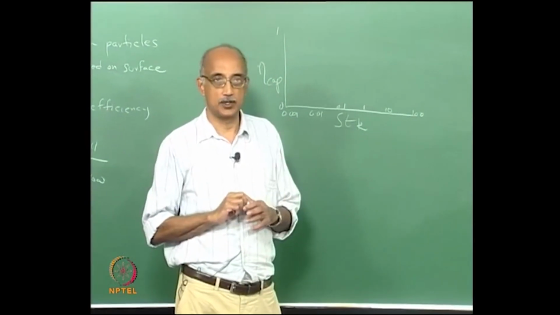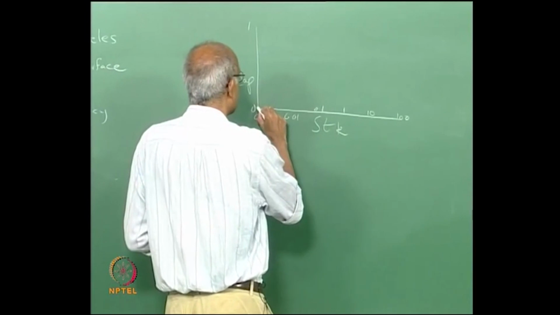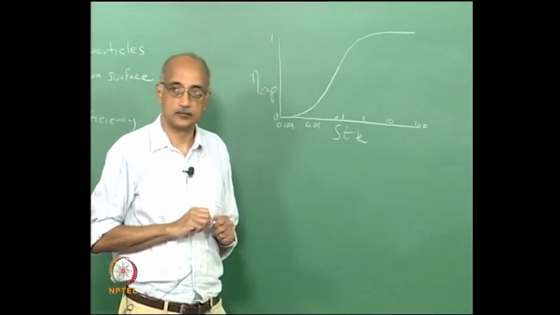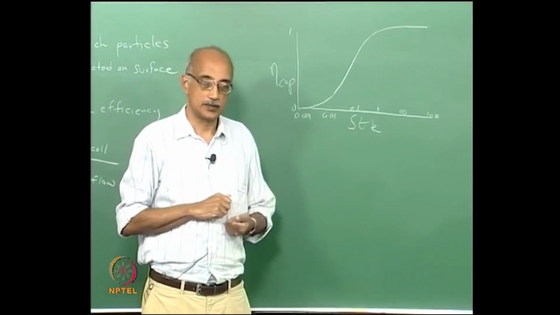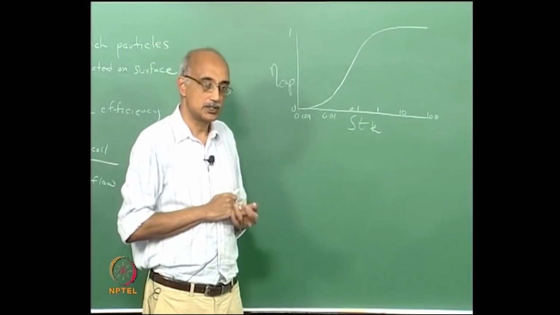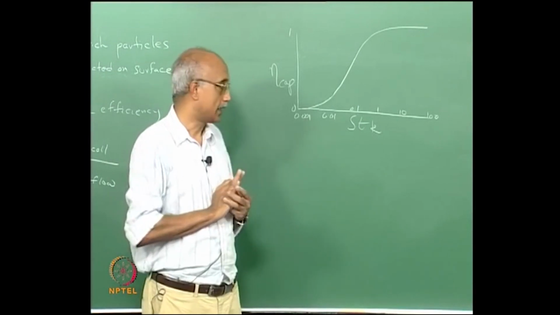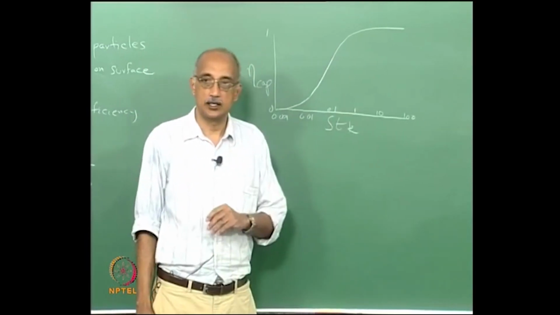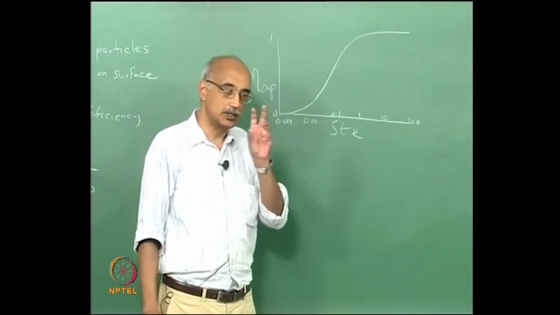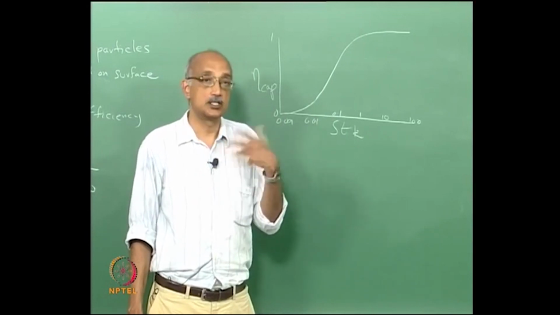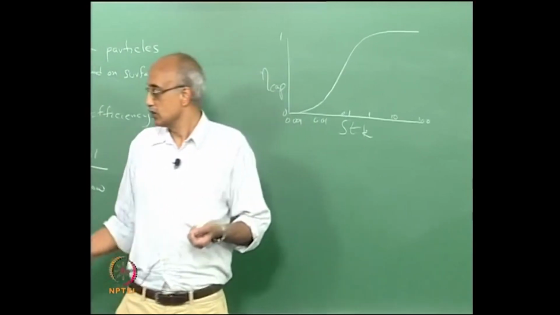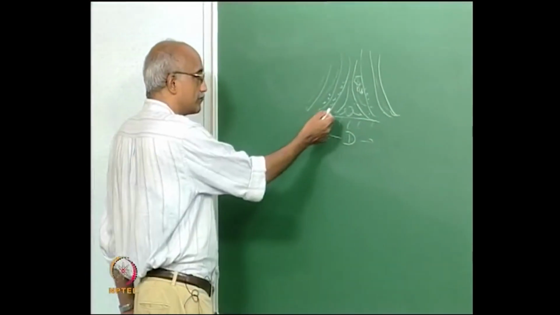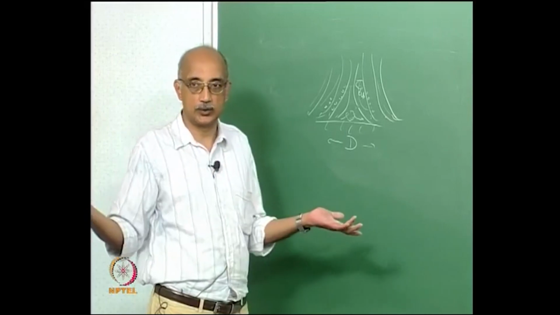It's actually an S-shaped curve. So you'll see a behavior that looks like that. When you have very low Stokes numbers, the capture efficiency is actually very low as well. As the Stokes number increases, it undergoes a sharp transition to a high capture efficiency right around this critical Stokes number range where inertial effects come into play. Now again, going back to this figure, it's easy to understand why. When you have small Stokes numbers, basically what it means is particles are following fluid flow.